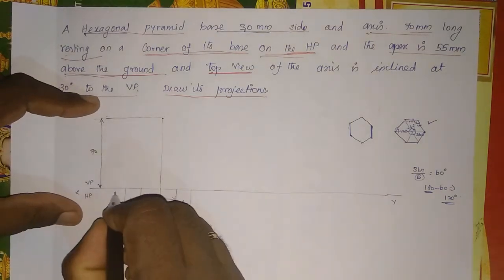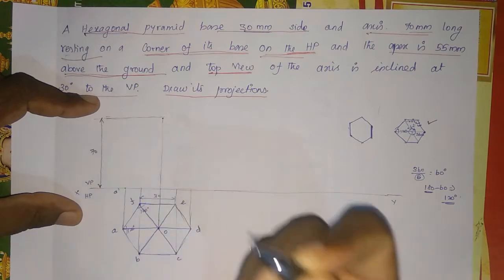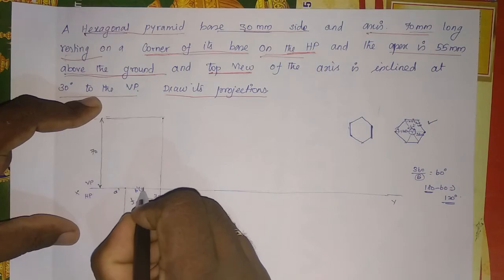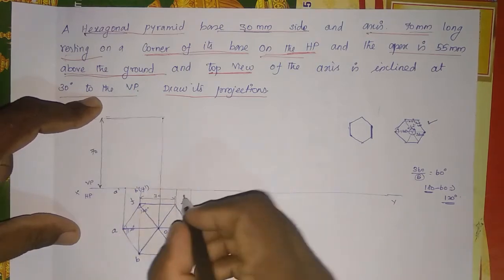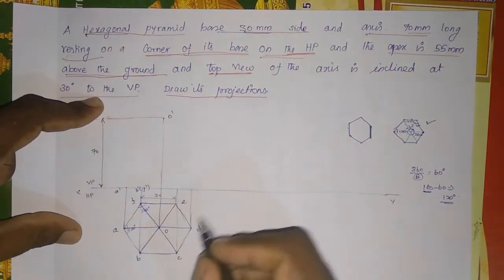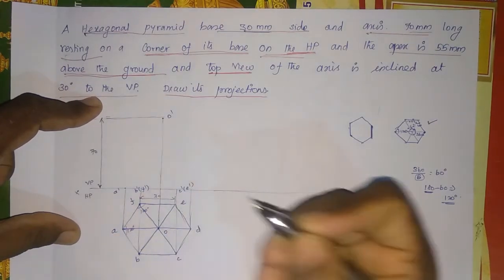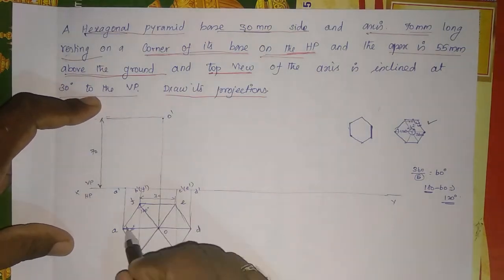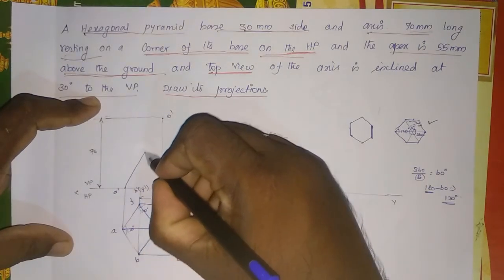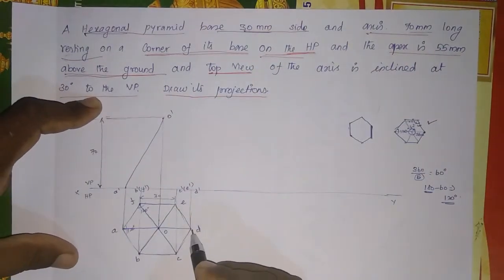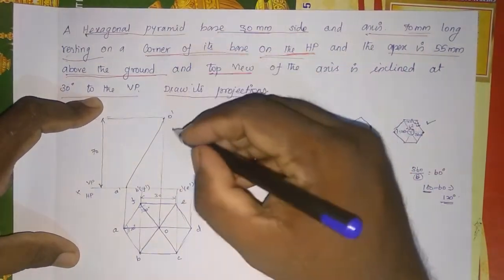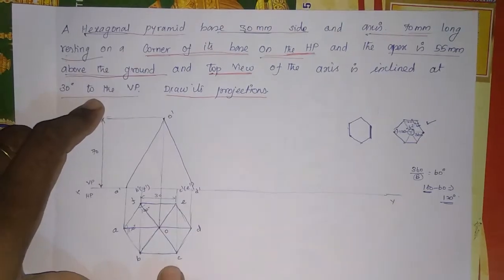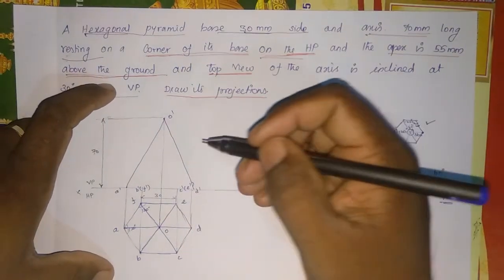So this is point A dash, this one is B dash, F dash is the hidden part, and this is O dash, and C dash in bracket E dash and D dash. So this is OA, and OD, and then OC and OE.